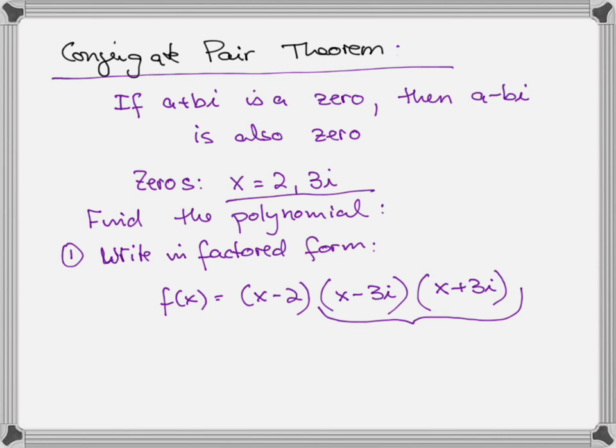X times x, x squared. X times 3i is 3ix or 3xi, however you want to write that. What do you have left when you multiply conjugates? In this case, x minus 3i and x plus 3i. What do you have left?